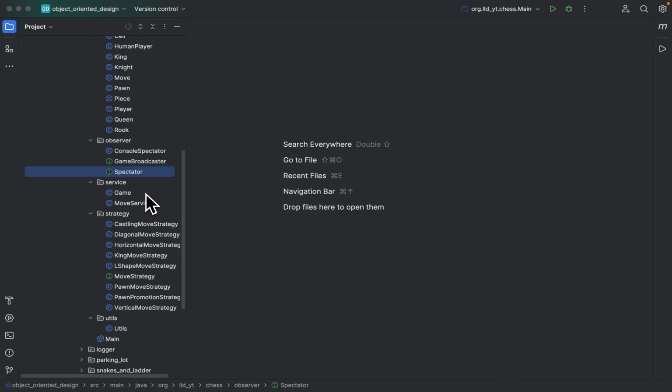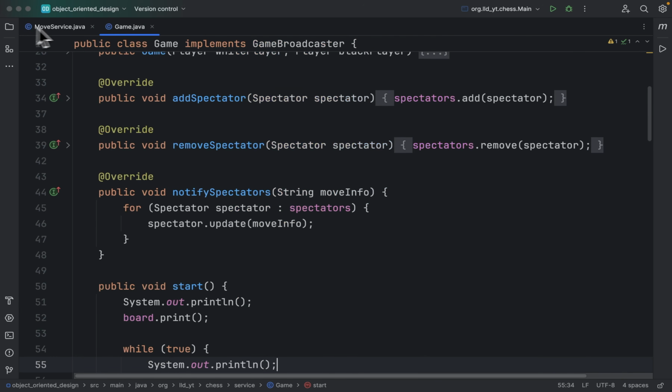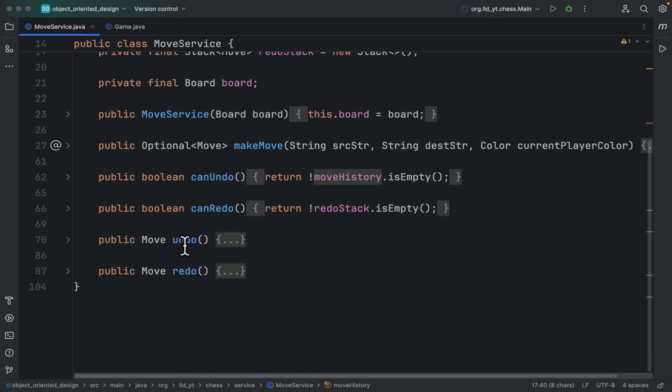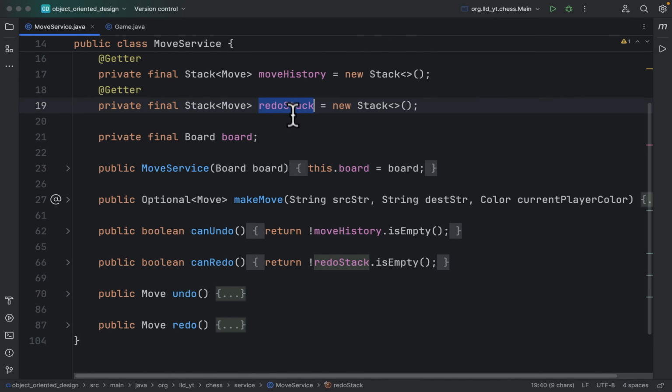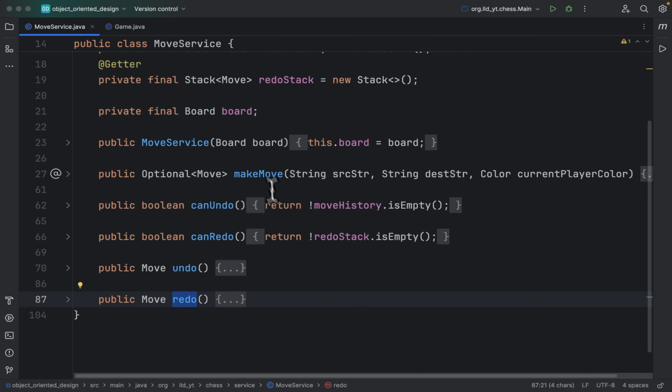Now coming to the last two main classes. First, let's see the move service and then we'll see the game. So in the move service, I have move history stack for the undo operation, and I have redo stack for the redo operation. And I also have the access to the board.